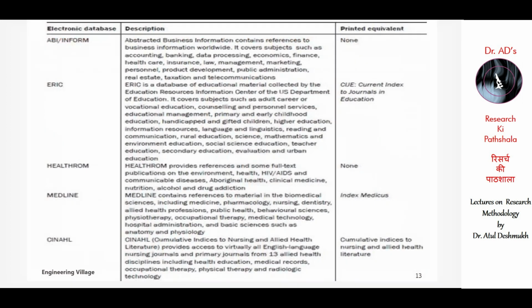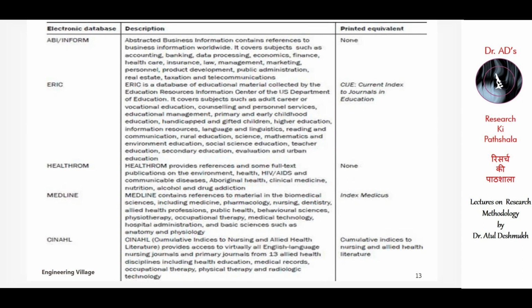Now the era has changed, the world has changed. You have everything on your mobile, on your laptop, maybe tab, iPad, everything is at your fingertip. You just have to put your username, password, and everything is available. So now electronic databases are available for everything.